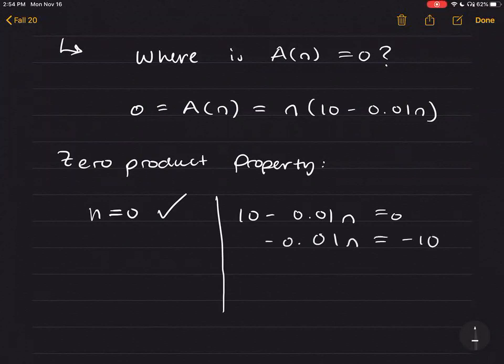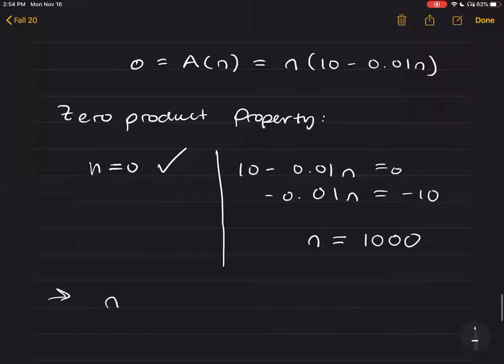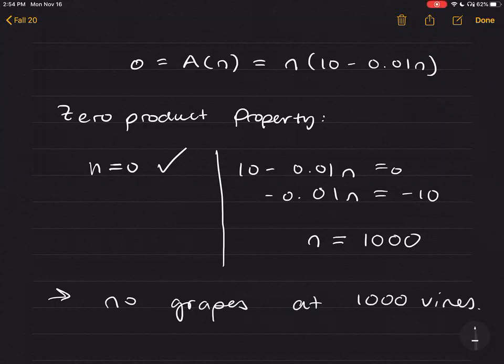And then when we divide both sides, we get n equals 1,000. So we also see that we get no grapes at 1,000 vines. So the model says that if we planted 1,000 vines, we're going to get no grapes. So the model might not be completely accurate, but all we have to work with is the model in this class, so that is what we will do.